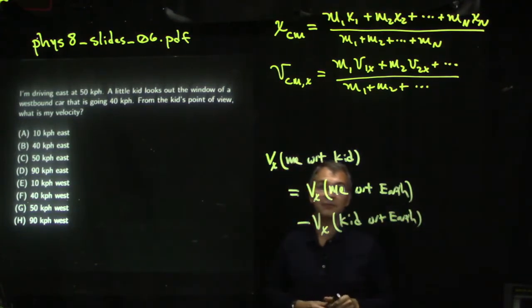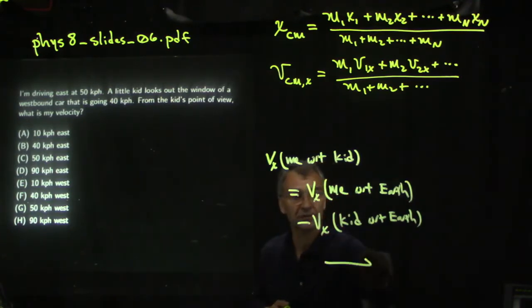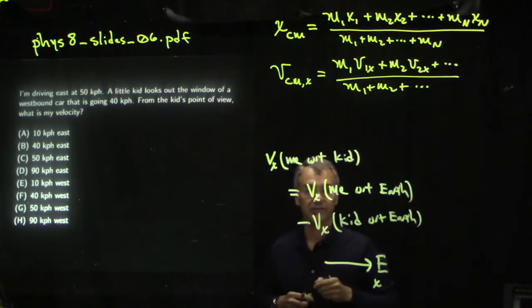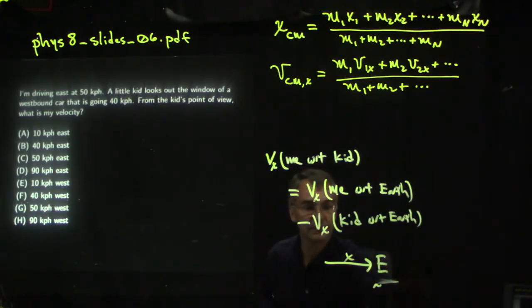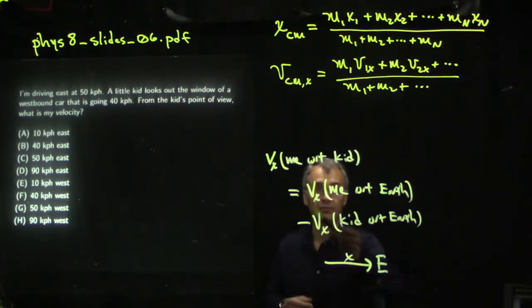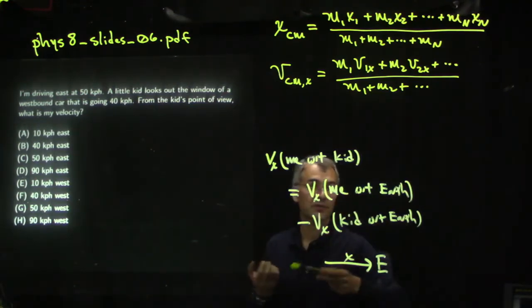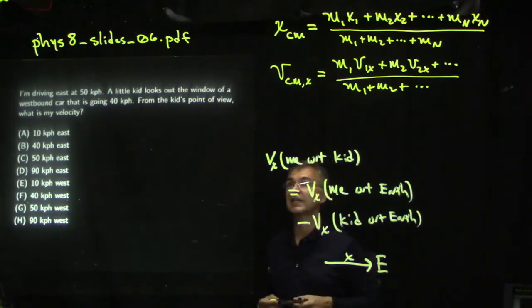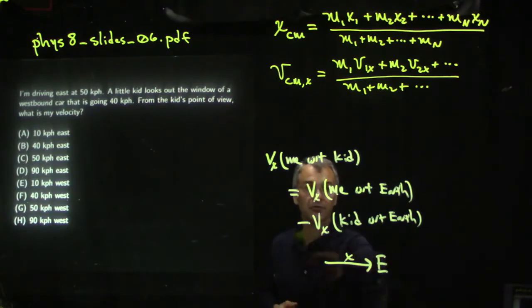So I take my x component of velocity, let's say the x-axis points east. I'm going east at 50 kilometers per hour. So me with respect to Earth is 50 kilometers per hour east, which we'll say is the plus x direction. The kid is going west at 40 kilometers per hour with respect to Earth.